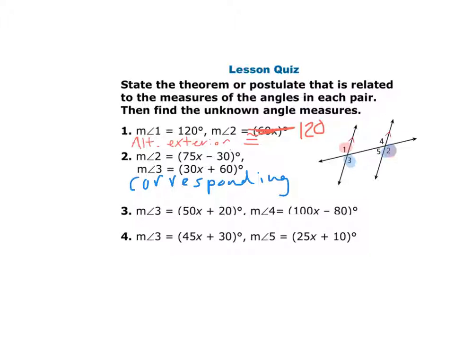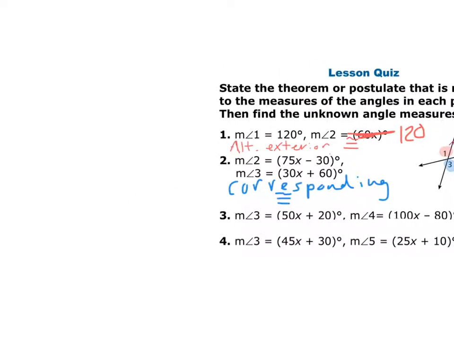And what do we know about corresponding angles? They're congruent. So how would we set up this problem? What would this equation look like? 75x minus 30 is equal to 30x plus 60.